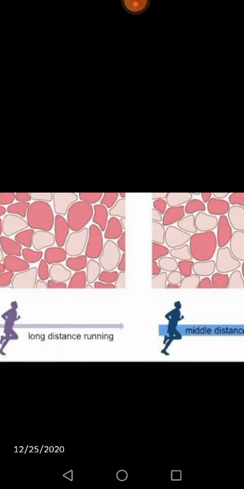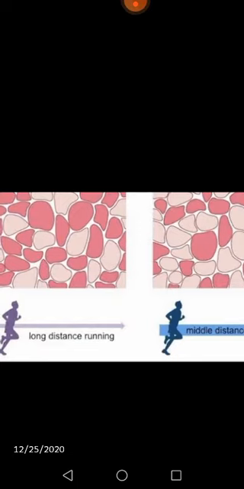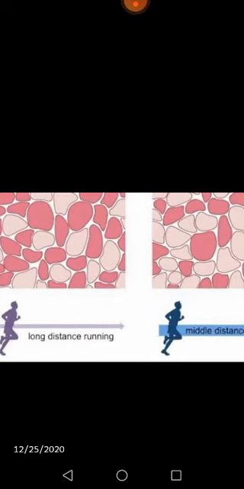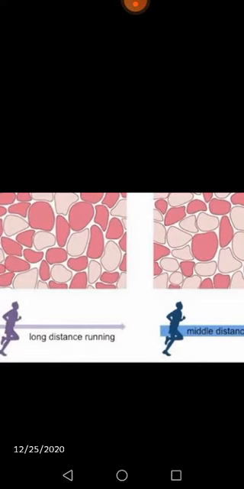They are well laden with mitochondria, which are numerous here and provide the aerobic supply of energy release by oxidative phosphorylation. These muscles contract slowly, so they get tired slowly.